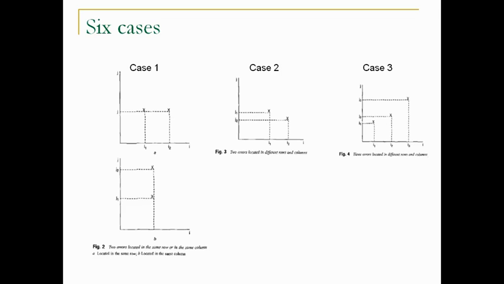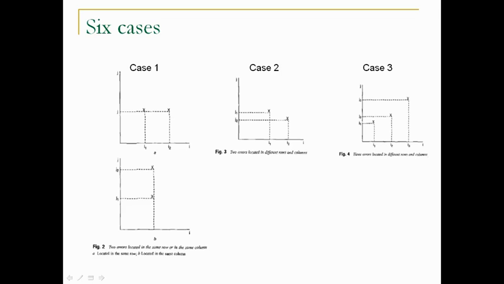As you can see, here you have 2 errors in the same row, and in this one you have 2 errors in the same column. In case 2, there are 2 errors located in different rows and columns. Each error can be corrected in either the row or column direction.